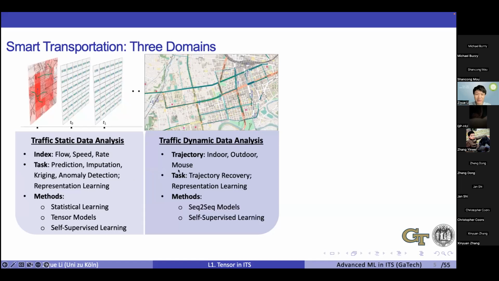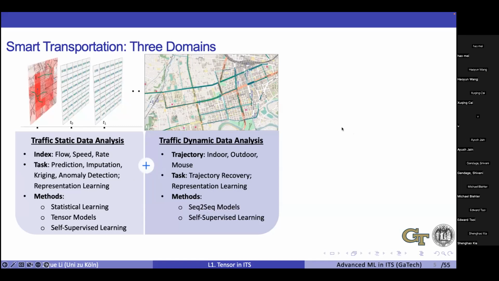This can be used for, for example, fraud detection or other applications. The task usually can be trajectory recovery or, generally, representation learning. And usually the method can be sequence to sequence methods.